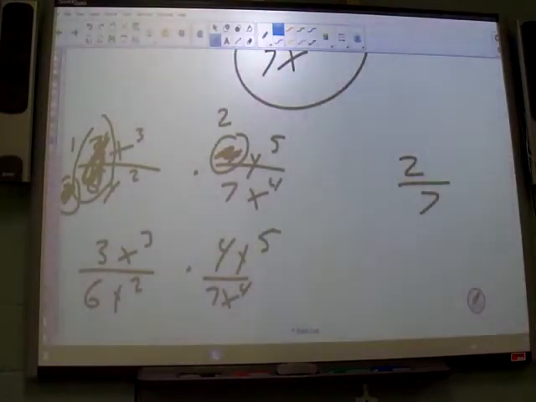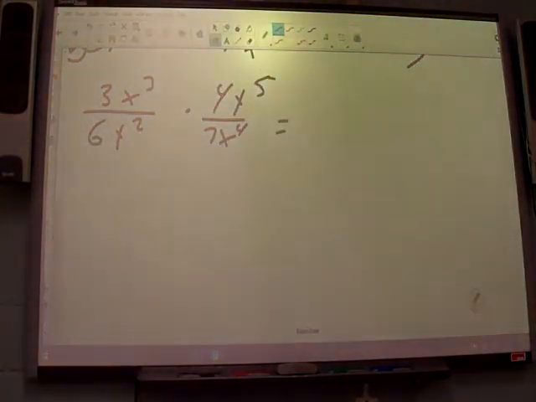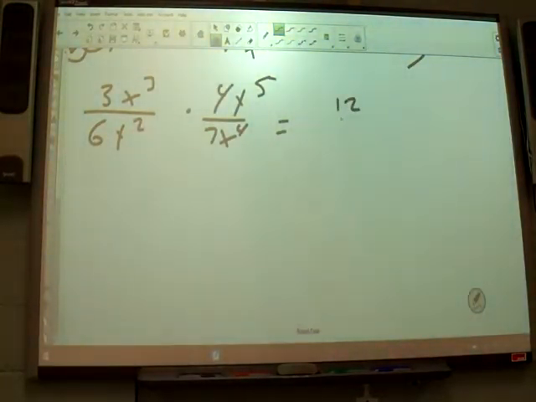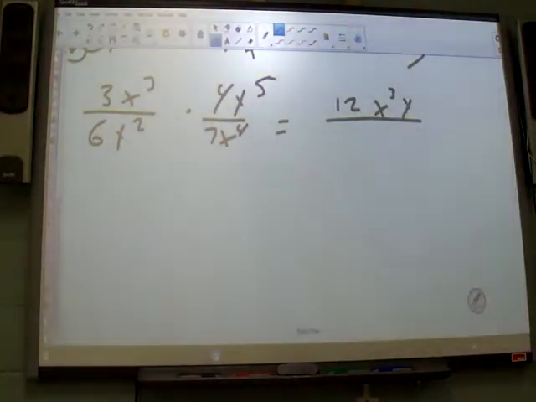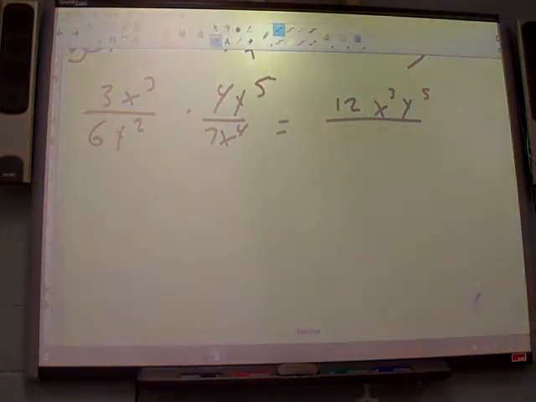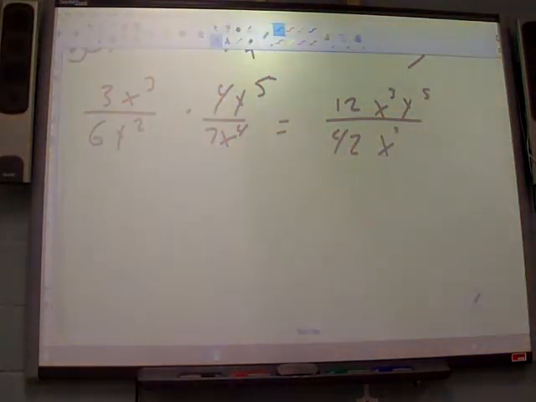Okay, so same problem. Because this is just straight multiplication, if I go across the top, 3 times 4 is 12. X cubed times y to the 5th is just x cubed y to the 5th. On the bottom, 6 times 7 is 42. Y squared times x to the 4th is just putting them by each other.